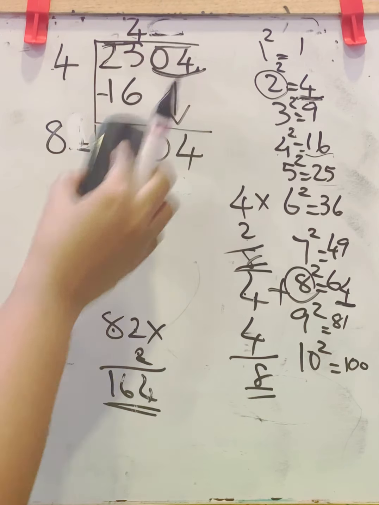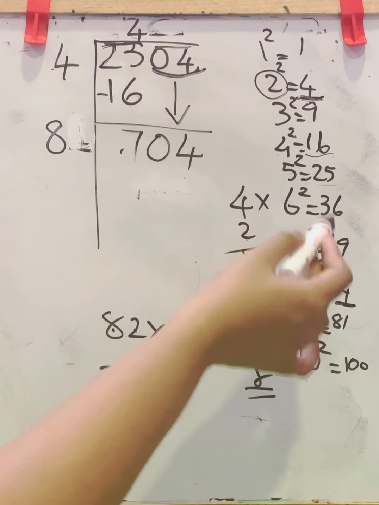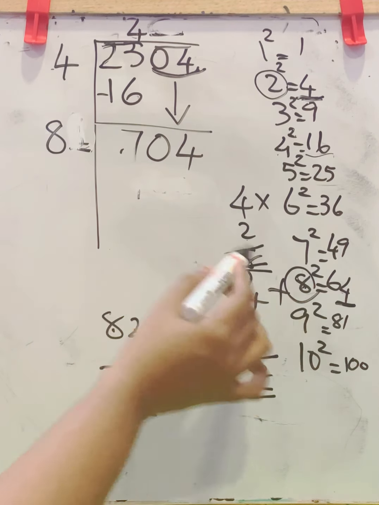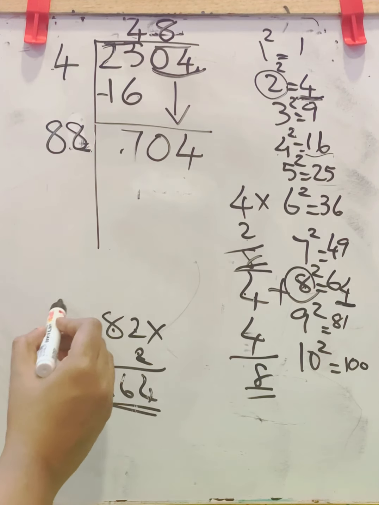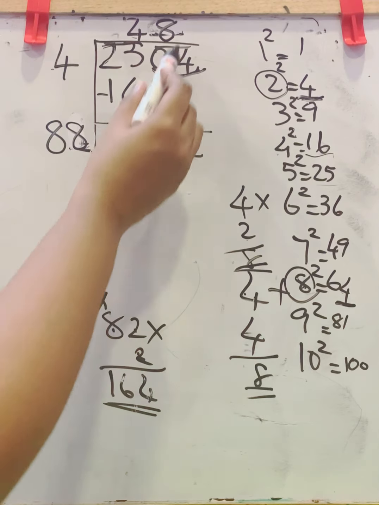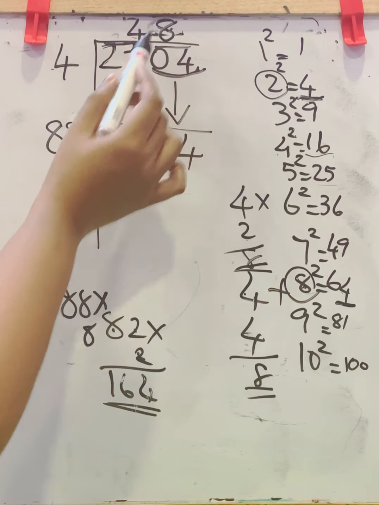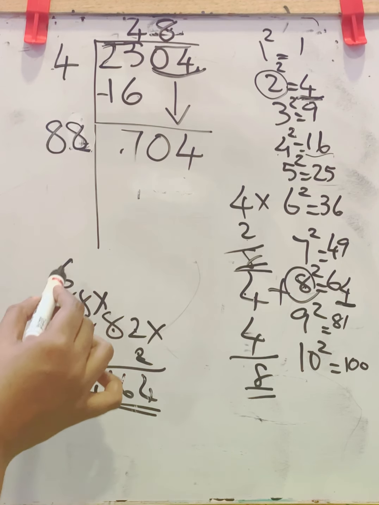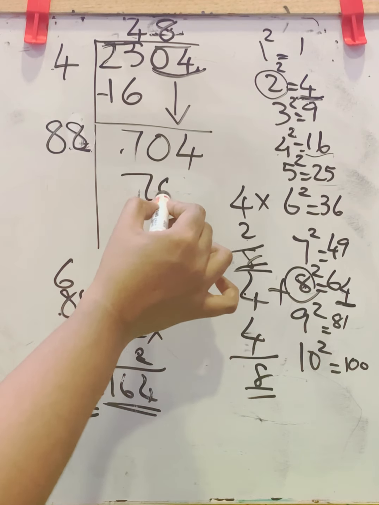The next option is 8. Because that number also squaring you will get 4 in its units place. So let us put here 8. So here also 8. Now let us find out 88 into this number only. Don't take 48. Just take this number 8. 8 8s are 64. 8 8s are 64 plus 6, 70. 704.